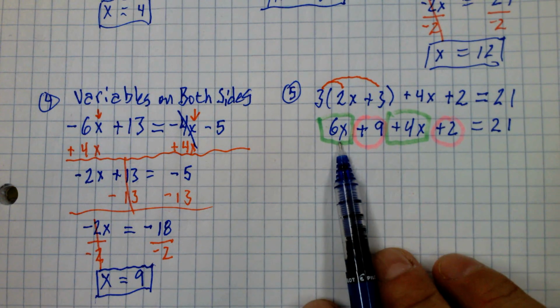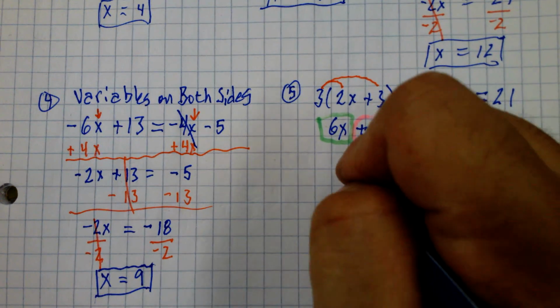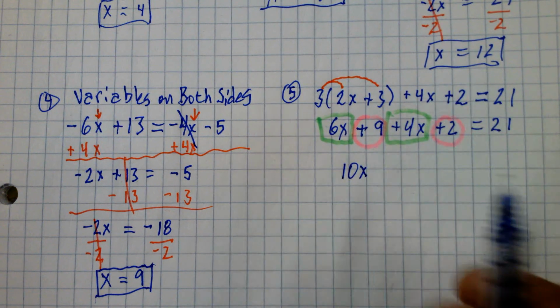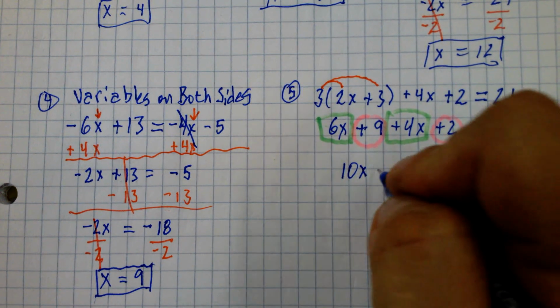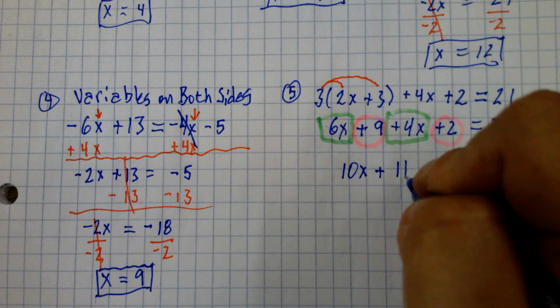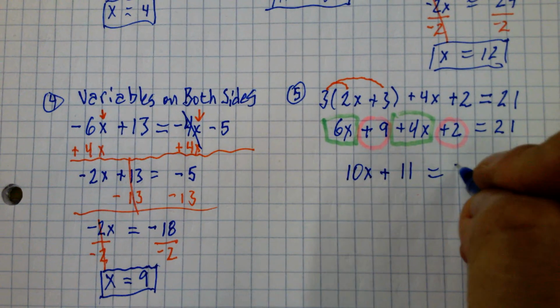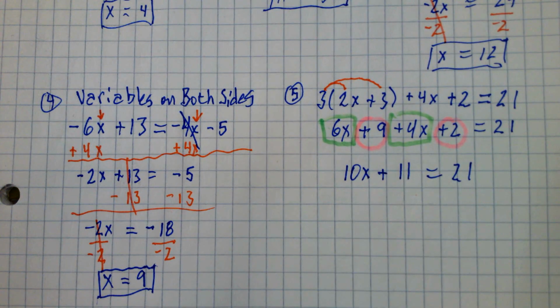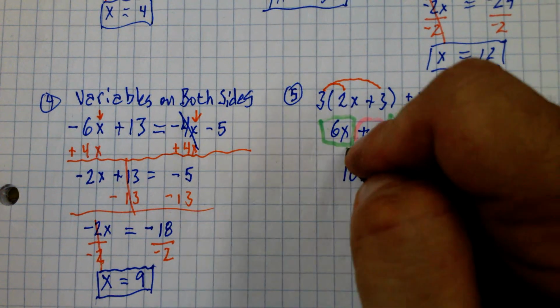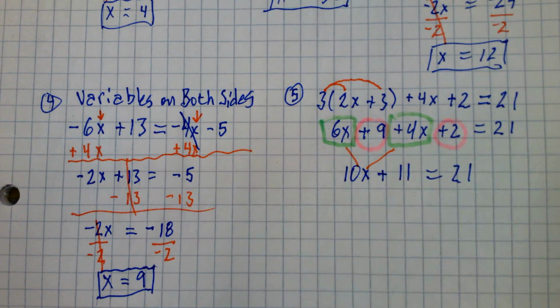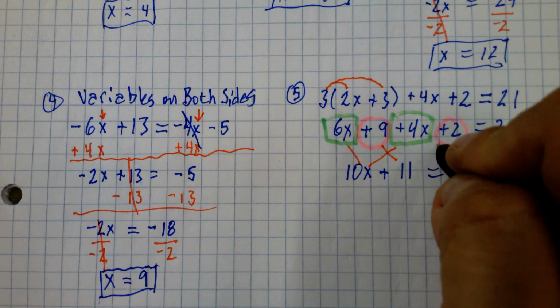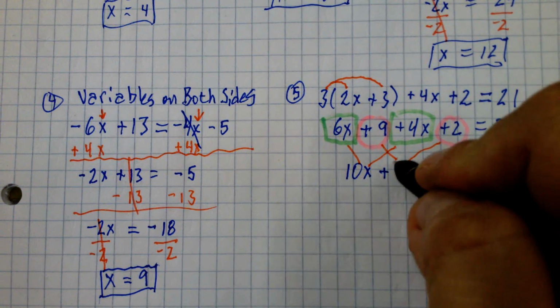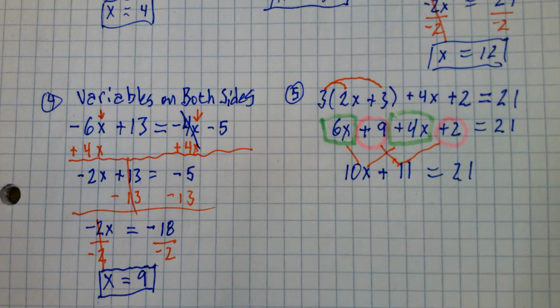So let's do that. 6 plus 4, that's 10x. 9 plus 2, that's positive 11, equals 21. Okay, so now this is what we have. So remember, you combined these two here and these two here.